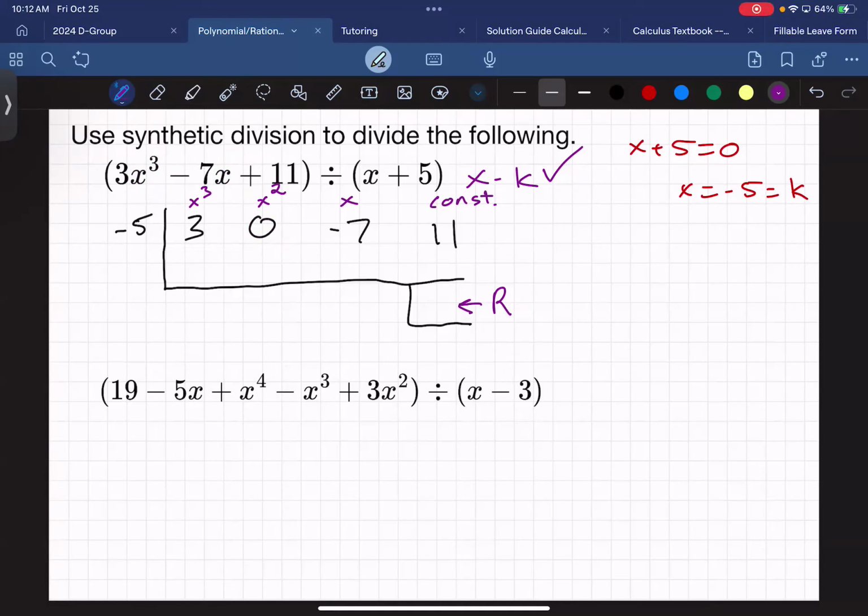Now, what do we do for the division? What is the algorithm for synthetic division? Bring down the 3. So we add and multiply, right? That's all we do. We add and multiply. Now, the 3 we bring down because nothing was there, so technically it's like 3 plus 0. So when I do that, my next step is the multiplication.